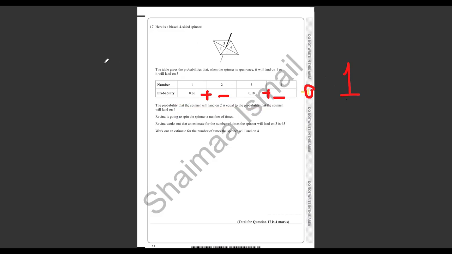So we take the 1 and subtract from it 0.26, then we subtract also 0.18. Then we divide all of this by 2, just to get what is on 2 and what is on 4, because here we have 2 missing parts. So 1 minus 0.26 minus 0.18 will give us 0.56.